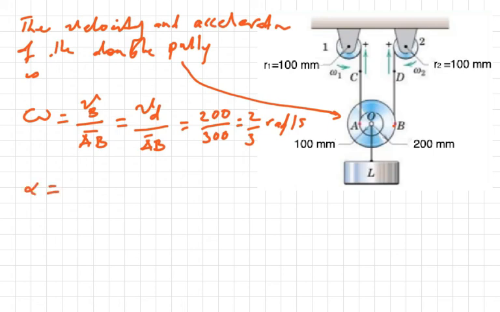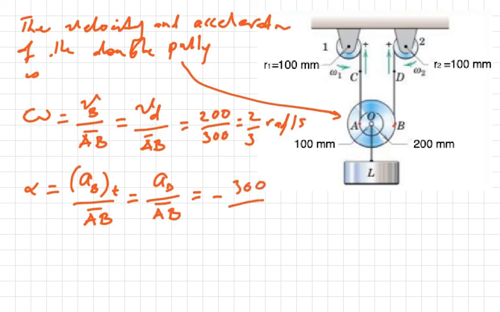We can then find our alpha, which is the tangential component, aB tangential over AB. That gives us aD over AB, which is equal to minus 300 over 300.